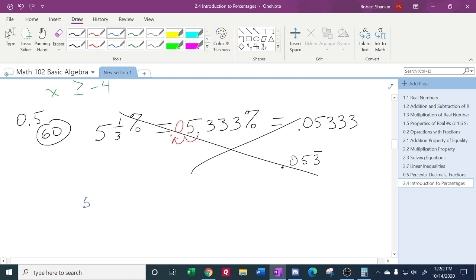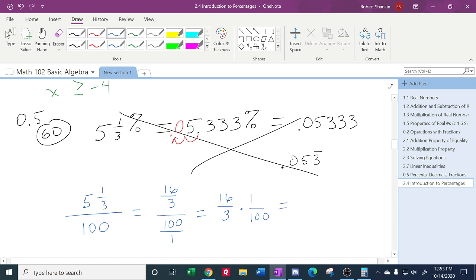So it's 5 1/3 percent divided by 100. And then I would take 5 times 3 is 15 plus 1 is 16 over 3 divided by 100 over 1. And then 1 over 100, flip.